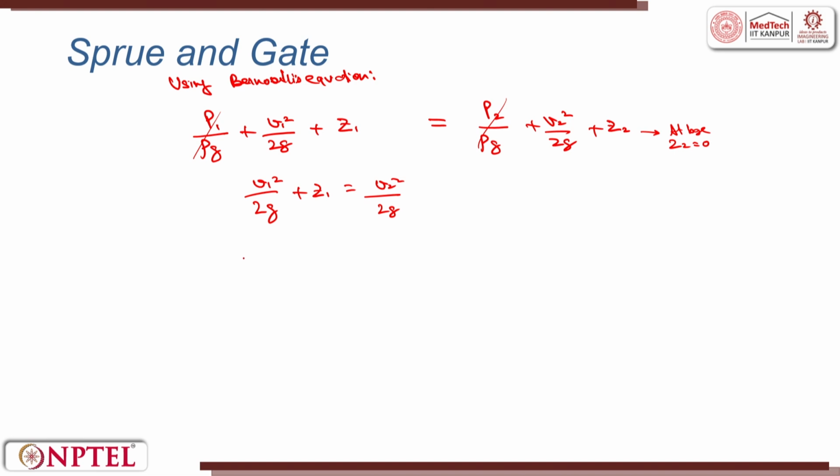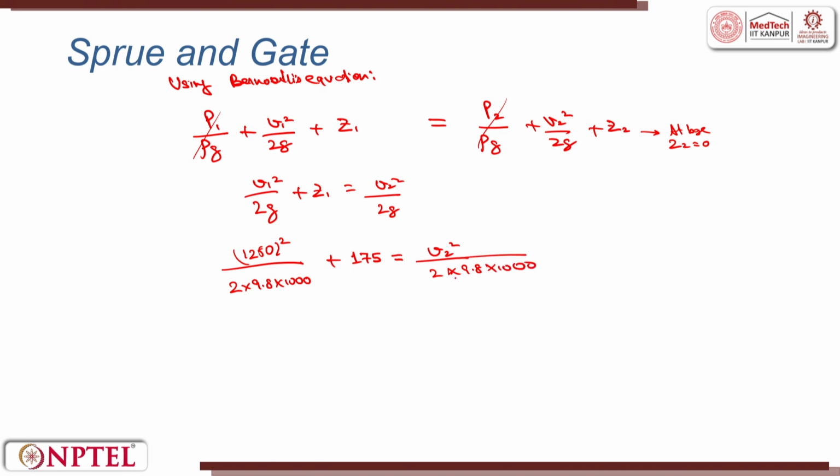V1, let me put the value 1250 square by 2g, 2 into 9.8, converting the units to millimeters, plus Z1, that is the potential head. Value of Z1 here is 175. This is equal to V2 square by 2 into 9.8 into 1000.